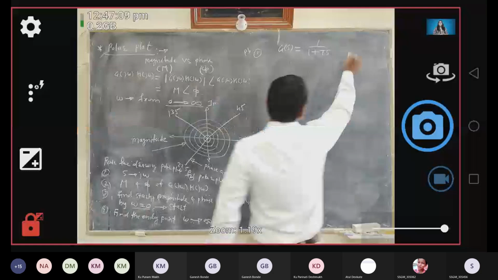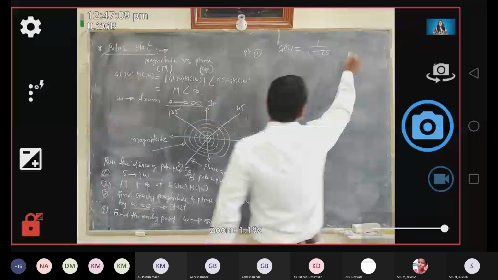Then in the second step, find the value of M and phi by using G of j omega into H of j omega. Then magnitude, capital M, is given by the magnitude of G of j omega. What is the magnitude of 1 upon 1 plus j omega?